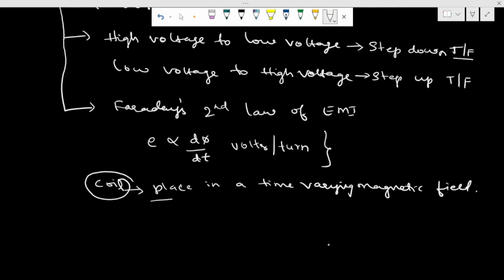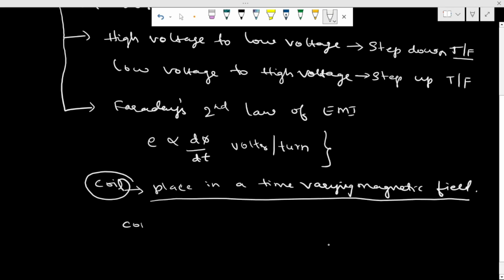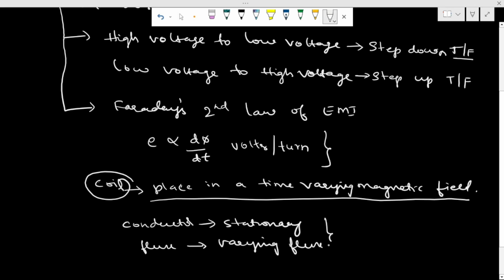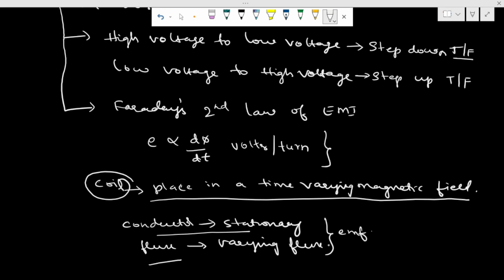The conductor is stationary and the flux is varying. In the transformer, flux is varying and the conductor is stationary. From this we can produce the EMF.